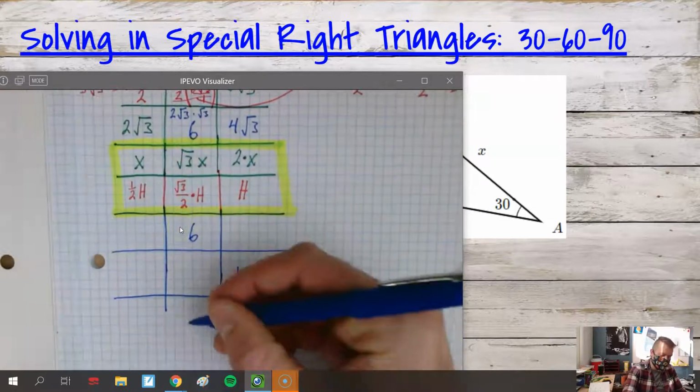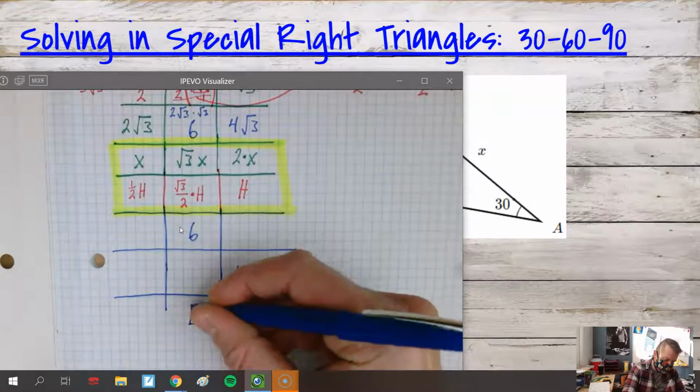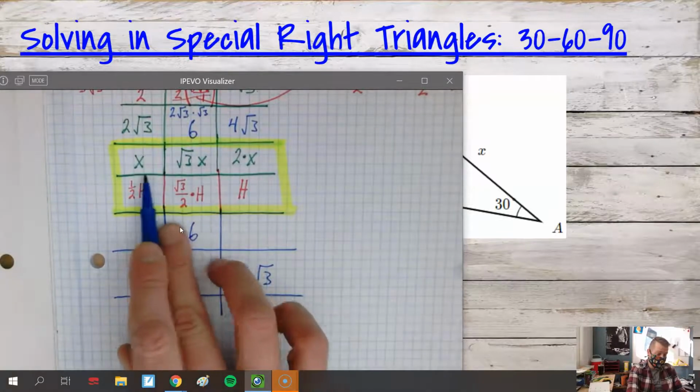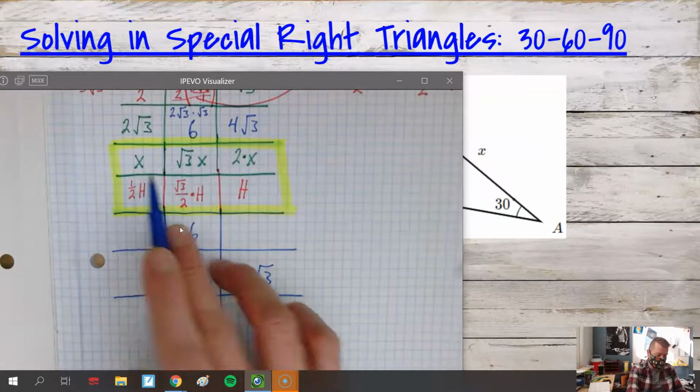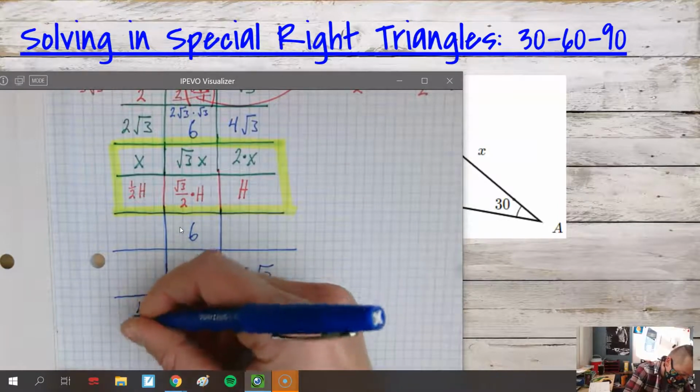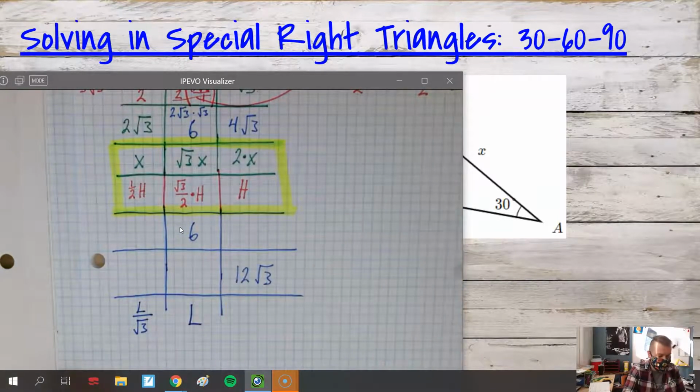So what if I say L? How do I go from L to the short leg? Yeah, we're going backwards, so we divide by radical 3. So, L divided by radical 3.